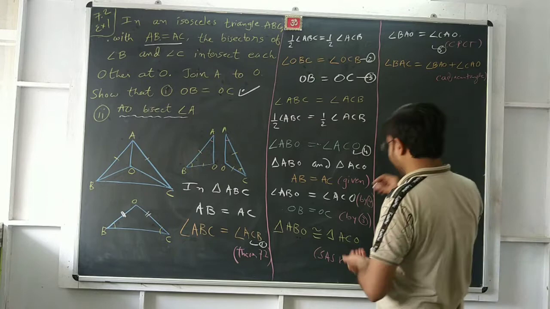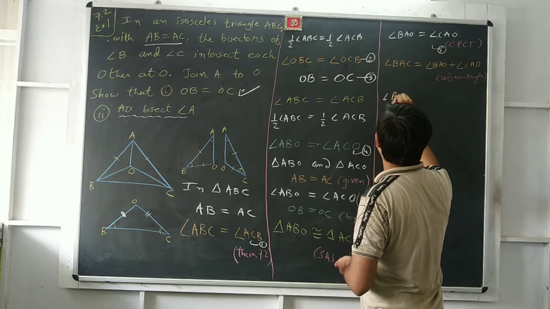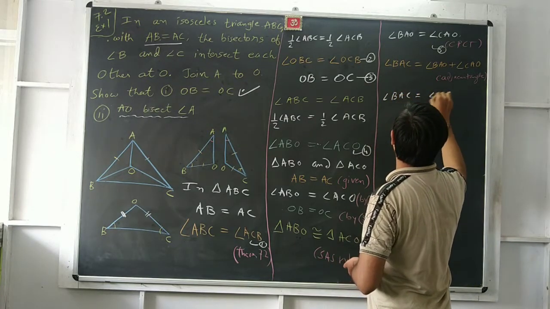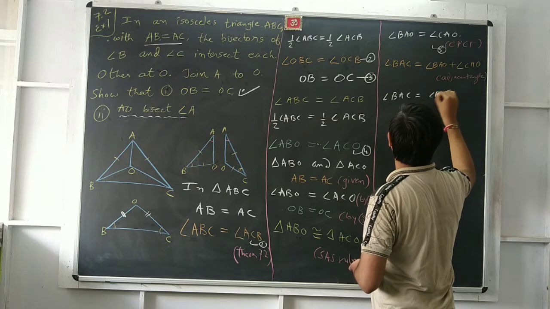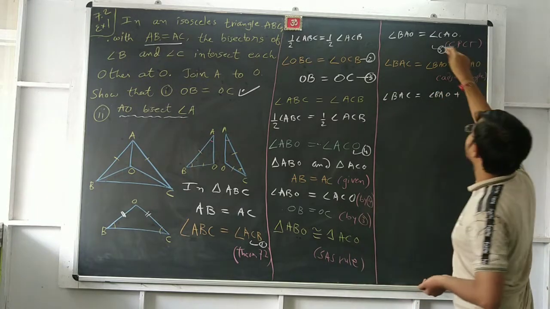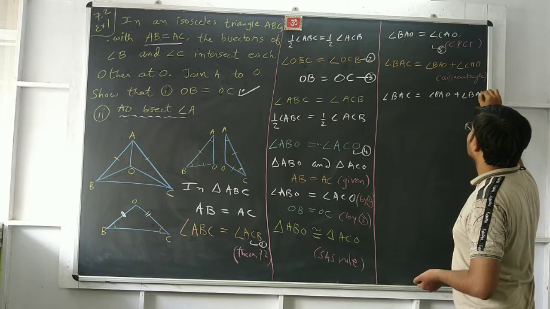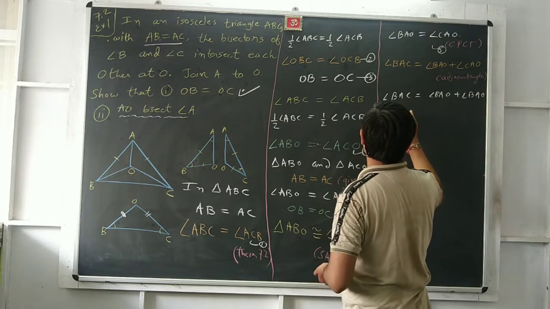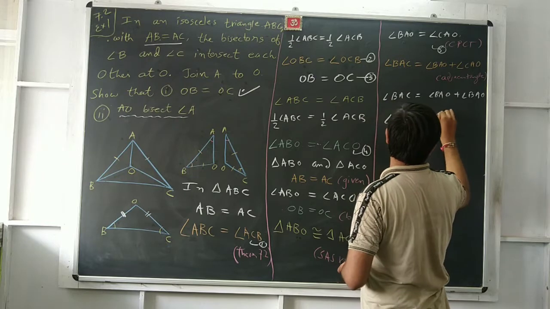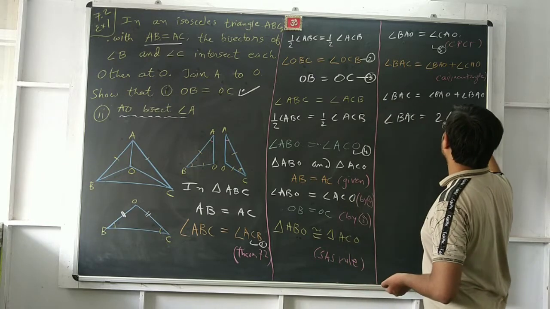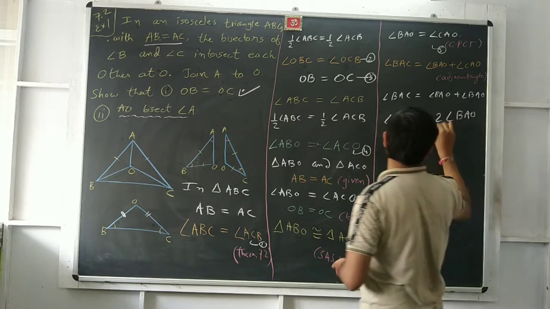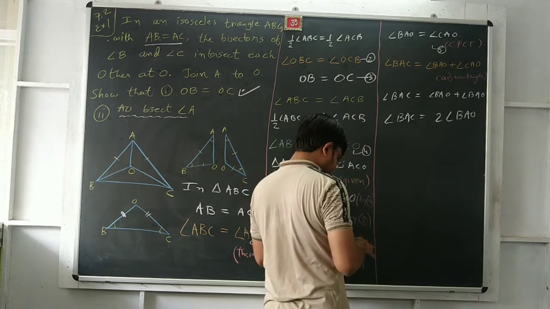So I can write angle BAC is equal to angle BAO plus CAO, replaced with BAO. So angle BAC is equal to twice angle BAO.